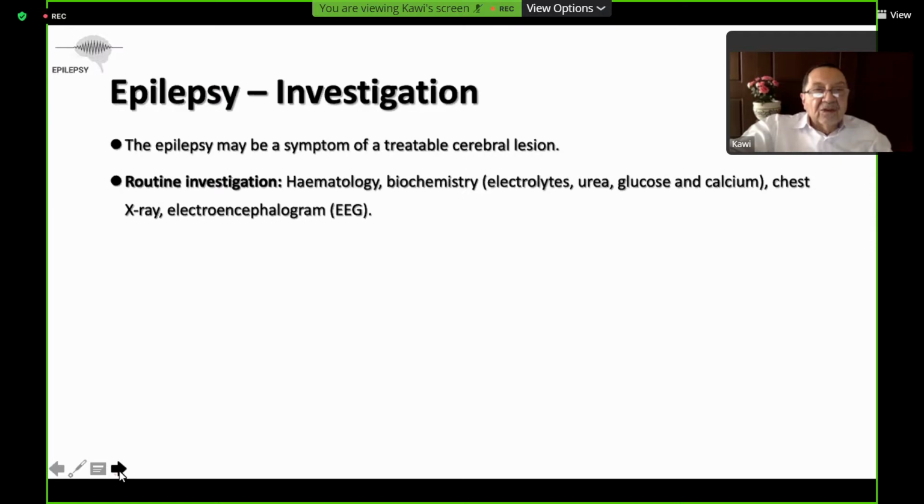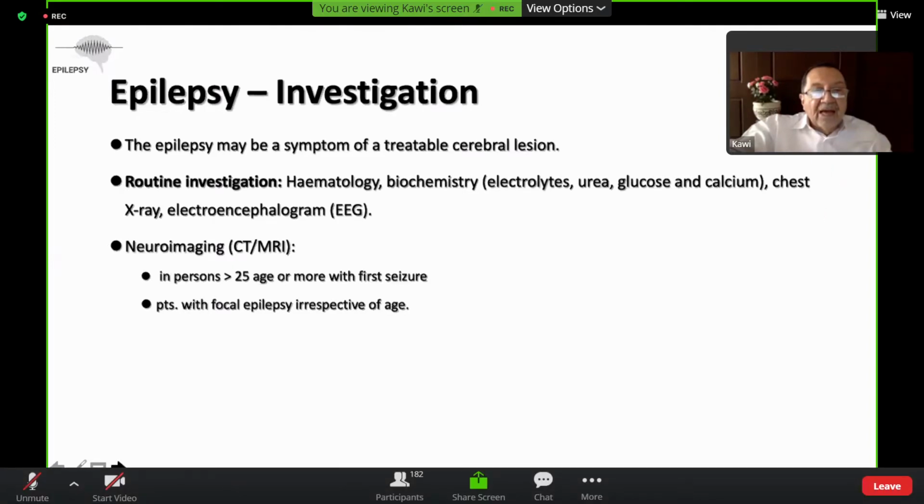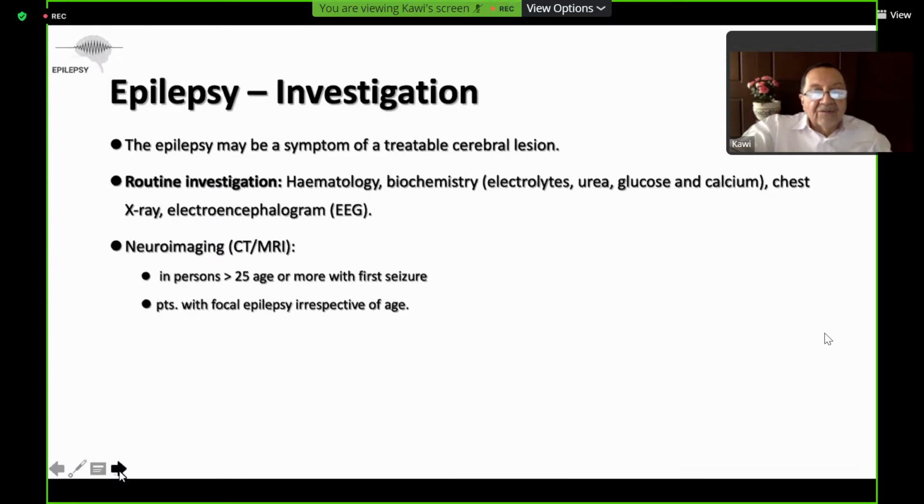Again, talking about the investigations, we did the routine investigations, we do the neuroimaging. Any person over 25 years of age who has the first seizure in life must have imaging, because most of the idiopathic epilepsies happen before 25 years of age.